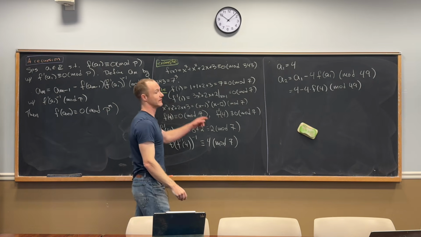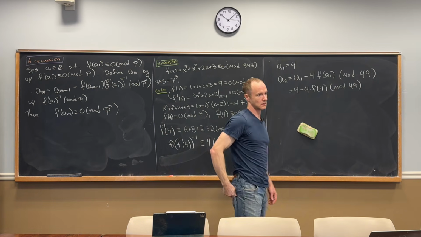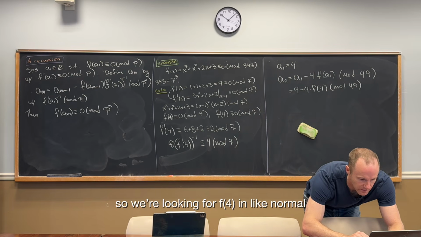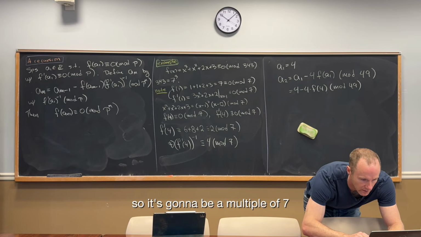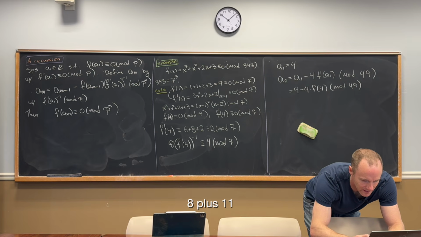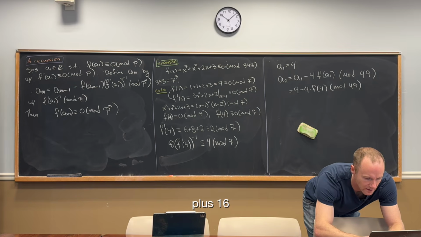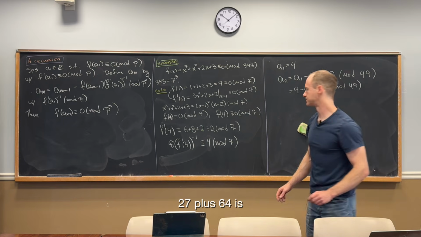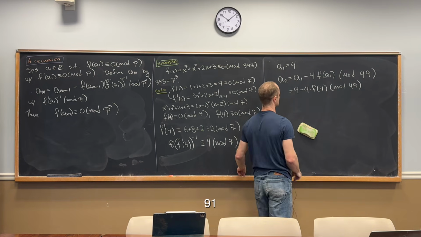No, that was mod 7. Oh, yeah, right. We're just looking for f of 4 like normal. So it's going to be a multiple of 7, but I don't know what multiple. 8 plus, so 11 plus 16 plus 64. 11 plus 16 plus 64 is 27. 27 plus 64 is 91.